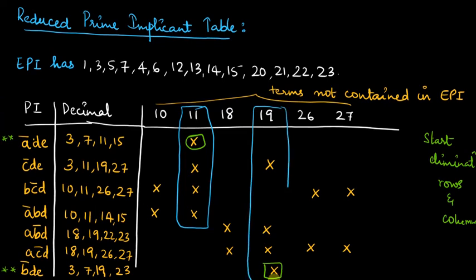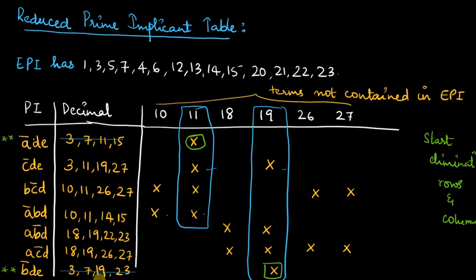Now, in a similar manner, I am going to sketch the rows or the prime implicants which are having two X's. So you can see that the prime implicant C bar DE is already cancelled column-wise, or it is blocked, so I can directly strike it out.